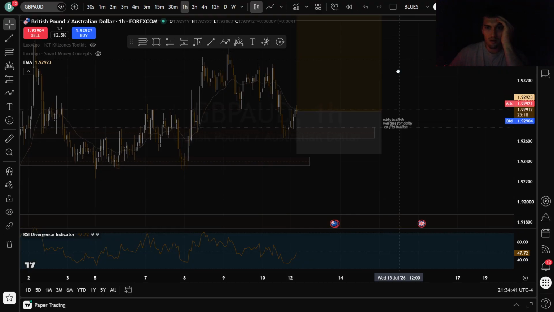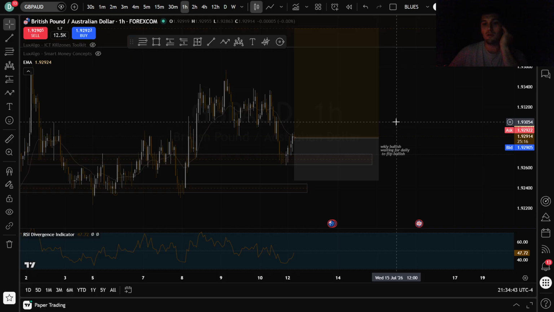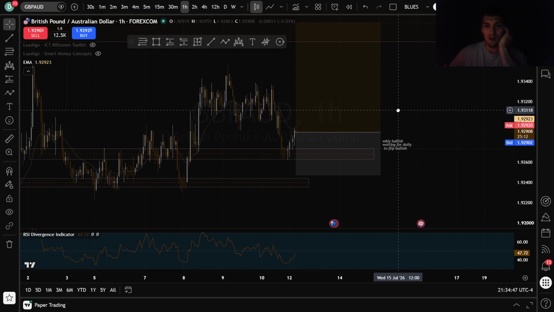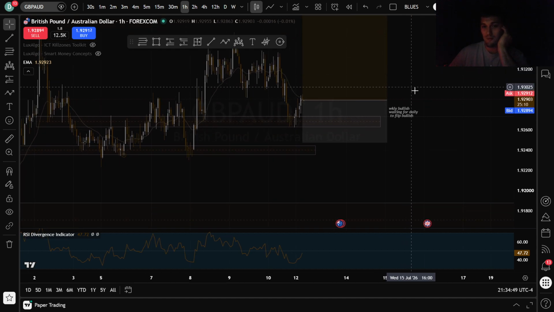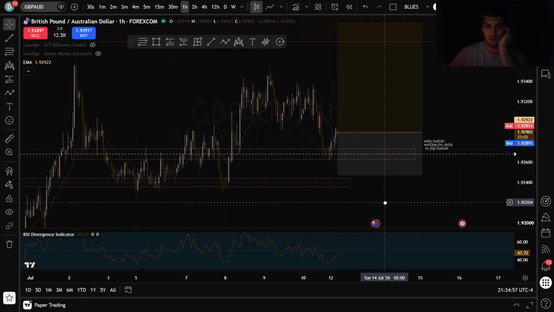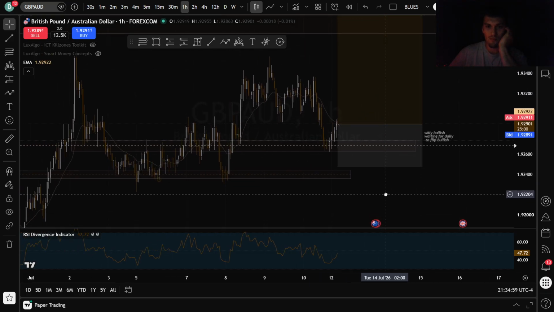So, since we have not flipped bullish on the daily, instead of risking $150, I'll be looking to risk $100. And I want to be notified when we come down to this key level if I need to reduce risk or if I need to cut the trade.